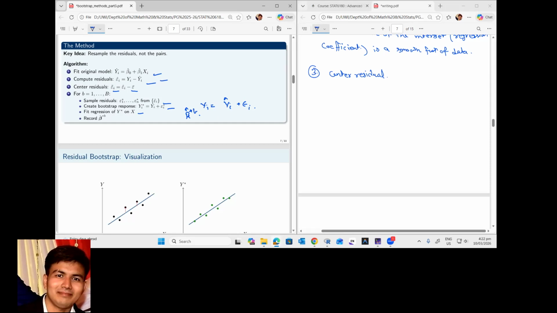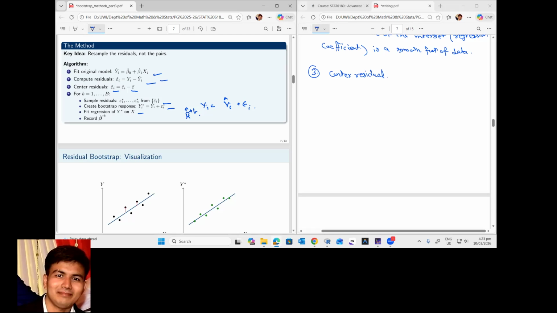When we use this new y, x is fixed, but the new y will be y_i cap plus epsilon_i star. So the variation across the b comes solely from the resampled error.